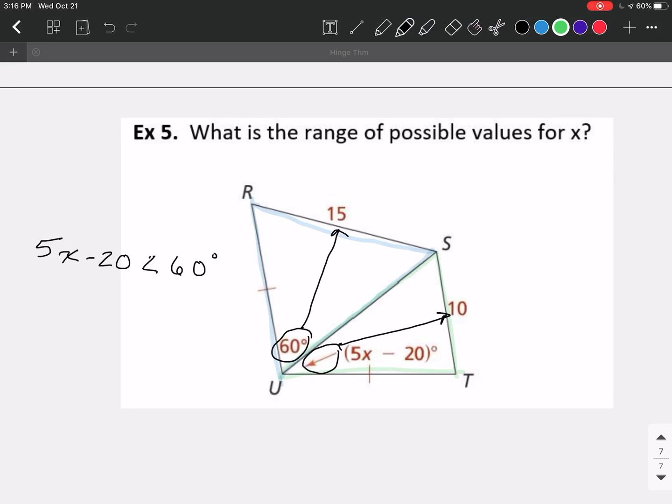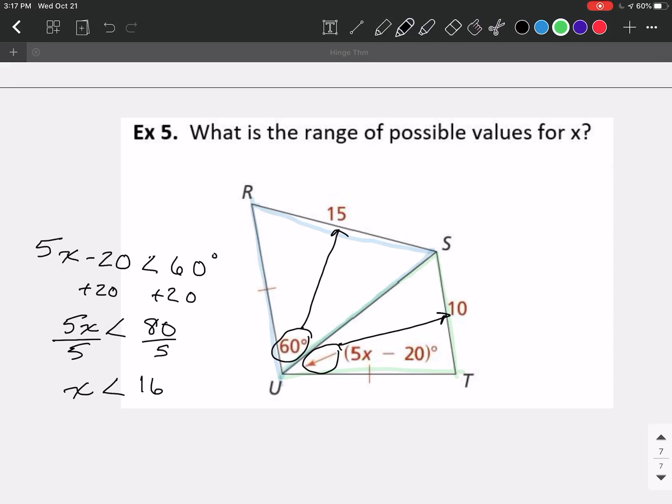So because RS is longer, I know that ST is going to be a smaller angle. So I have an inequality. All we're going to do is solve our inequality. So we'll add 20 to both sides. I'm left with 5x is less than 80. We'll divide by 5, and I'll get x is less than 16. So that's one of the possibilities.